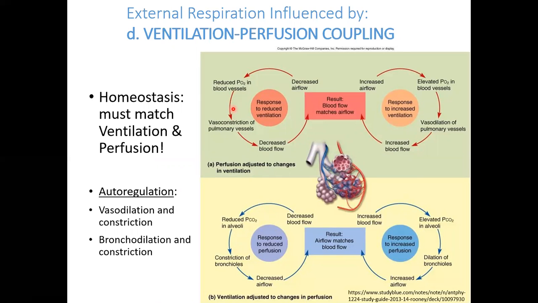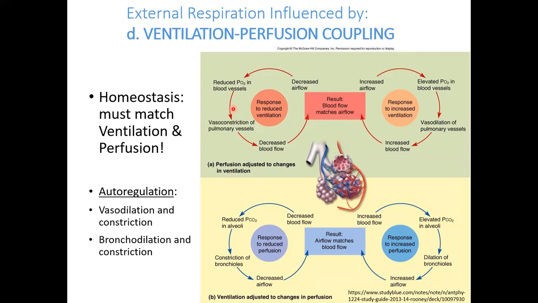Okay, so clearly ventilation and perfusion coupling is really important. Any shifts in blood flow have to be matched with a shift in breathing. And so this is yet another example of what is called autoregulation. Remember that our blood vessels, and as we see here as well, our airways, our bronchioles, automatically adjust based on the needs of the tissues.